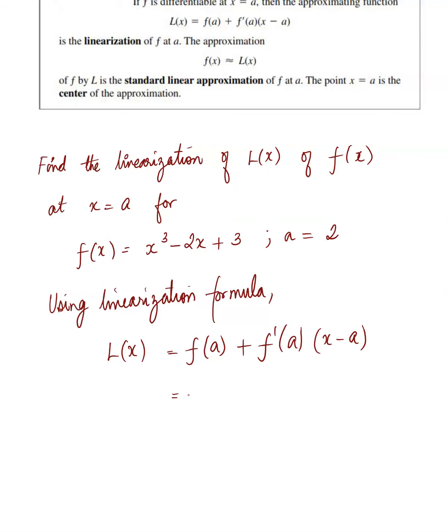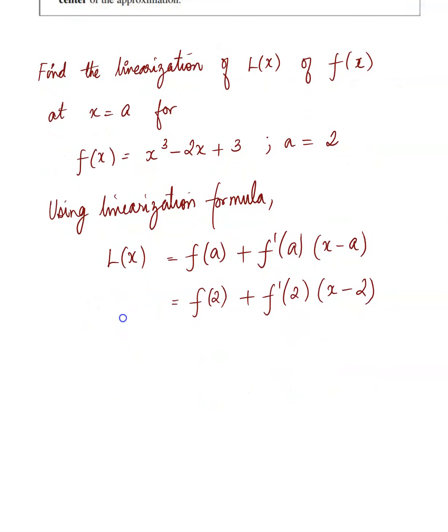So we have a here is 2. So we're trying to find f of 2 plus f prime of 2 times x minus 2. If we can find f of 2 and f prime of 2, then we just plug that in and we get our L of x. This is basically your slope-intercept form, because when you finally write it, it'll appear in that form.